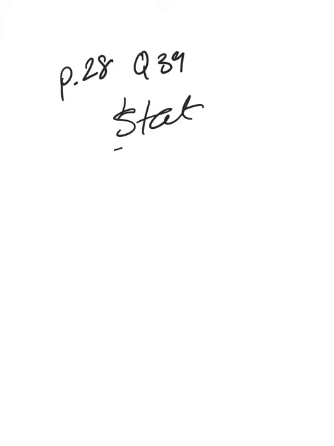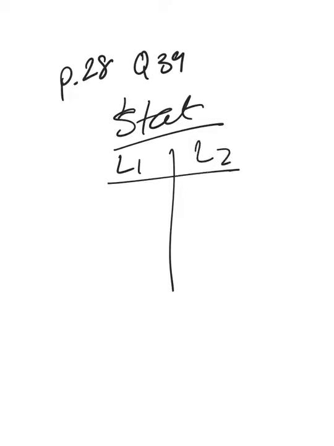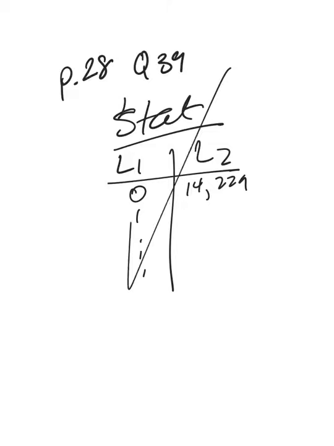You've got your stat button, and then you figure out your lists. You'll have list 1 and list 2. You put the years in list 1, starting with 1980 being year 0, so 0, 1, and so on, and list 2 would be the 14,229 values. Don't worry about this. This is a calculator problem. I'll show you how to use a calculator when I get back. This is not something that will be on the AP test. This is more of a stats or algebra 1 problem. So no worries about that one.